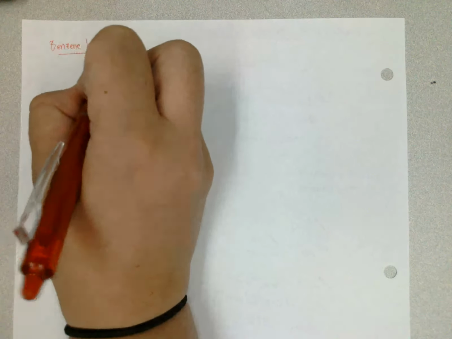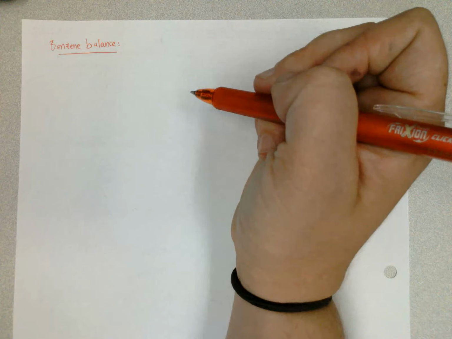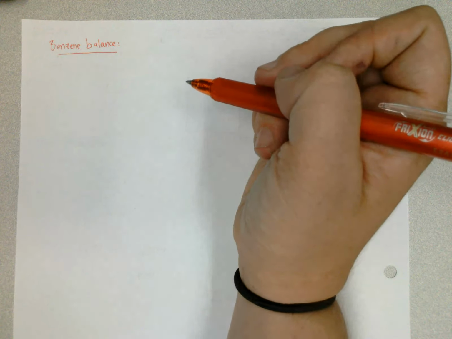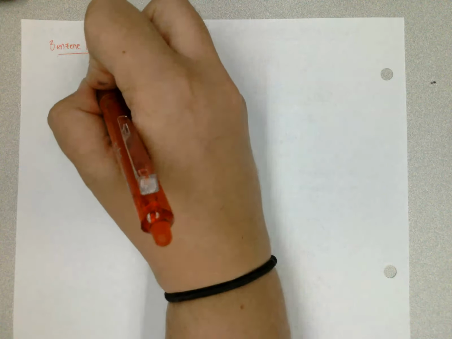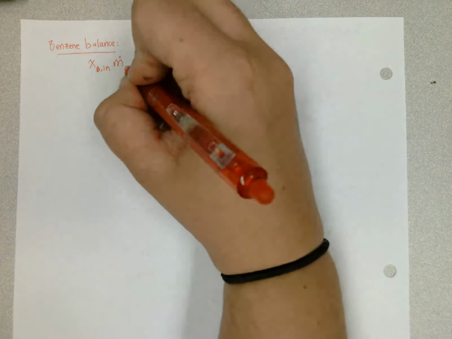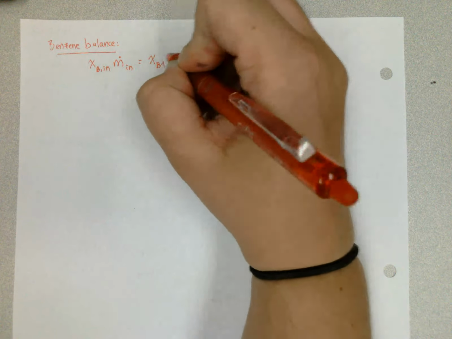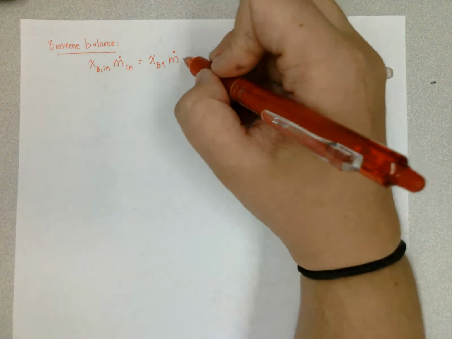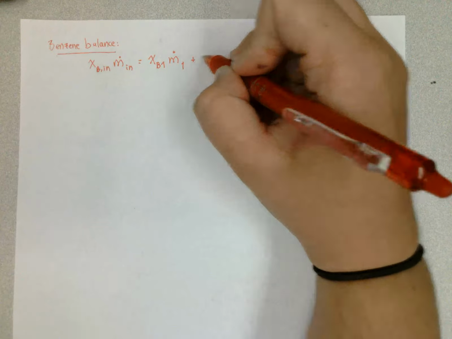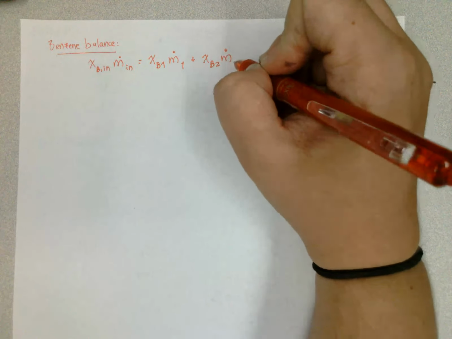If we look at benzene and we do a mass balance, we have input equals output. Same thing that we've had, right? So we know that we're going to have XB in times M in equals XB1 times the mass in 1 plus XB2 times the mass in 2.